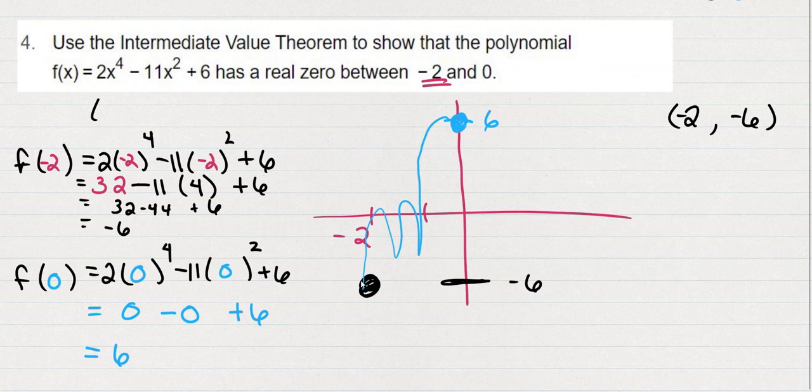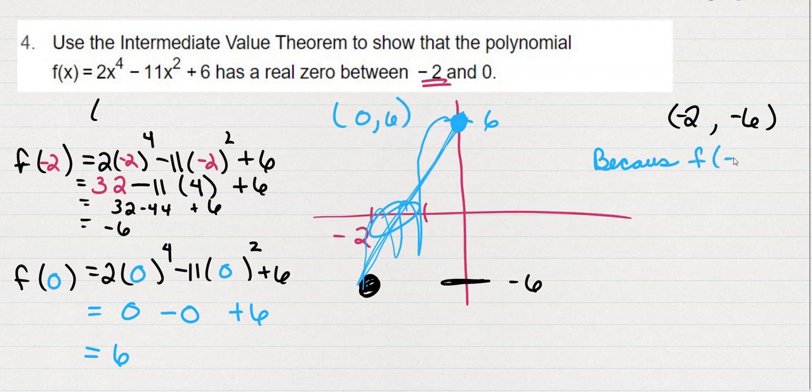What I know for sure is that someplace along the line, we've got to cross that axis, right? So I can prove that because, let me write this point. We had x equals 0, y is 6.